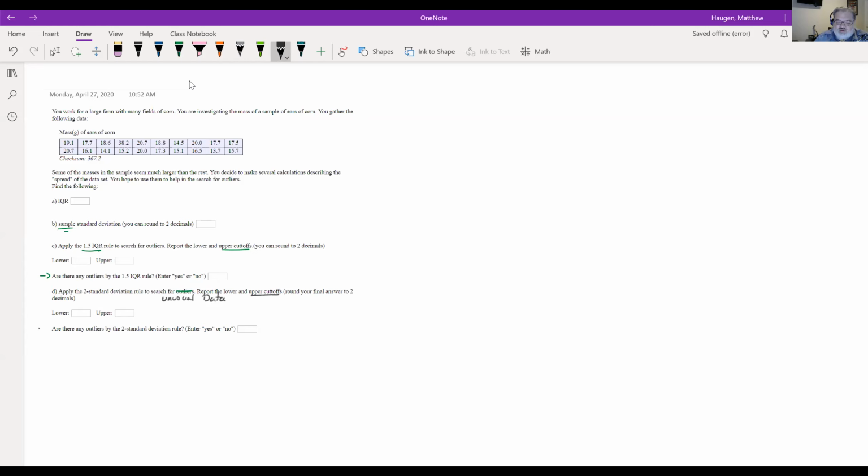And then, are there any unusual values? And if so, what they are. This isn't asking what they are, but we'll find them. So take a moment, find that IQR in whatever method you would prefer.